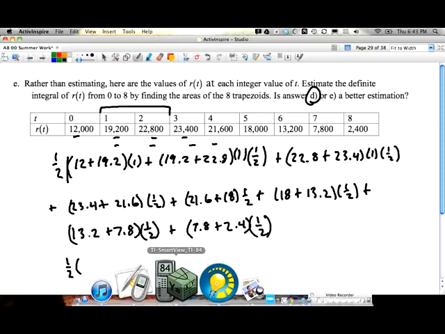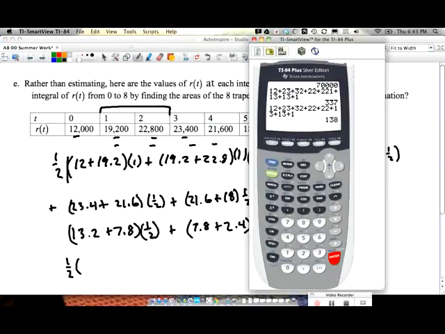So I'm going to go to my calculator. We got 12,000 plus, now I got 2 of these 19,200. So I'm going to do 2 times 19,200 plus, then I got 2 of the 22.8s. So 2 times 22,800.